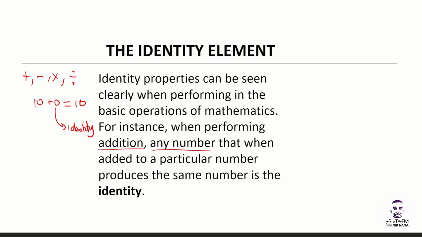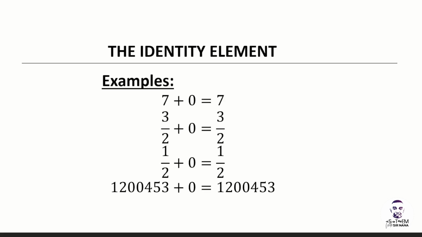Now let's consider some other examples when it comes to identity element. For instance, if you have 7, a number that we can add to 7 to give us the same number is 0, right? So 0 represents the identity. If you have a fraction, 3 over 2, we can add 0 to the 3 over 2, and that 0 represents the identity.